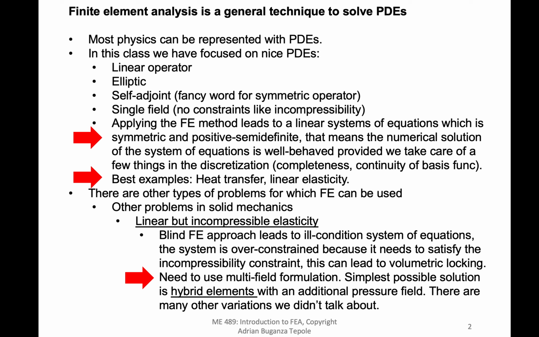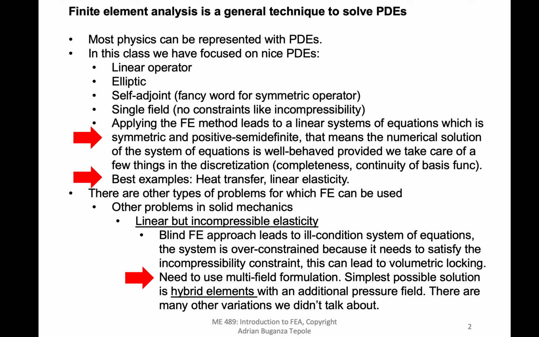And in this case, if you apply the finite element method, then you get a linear system of equations, which is symmetric and is very well behaved. So it will converge to the correct solution, provided that you have shape functions that are complete and continuous, and provided that your geometry doesn't have any singularities, any kinks, for example, or 90-degree corners.